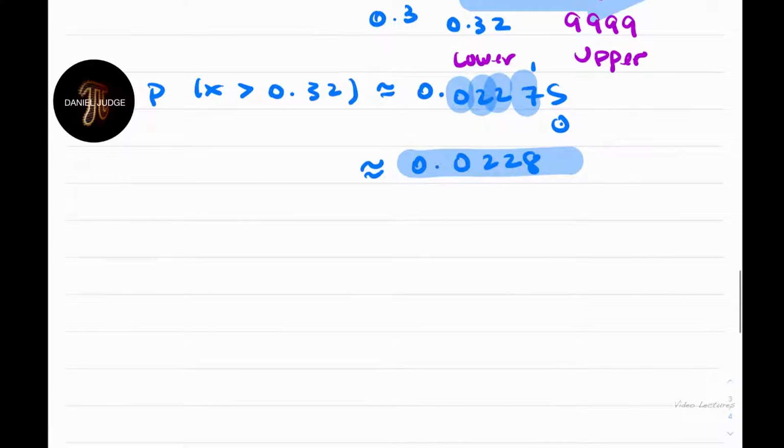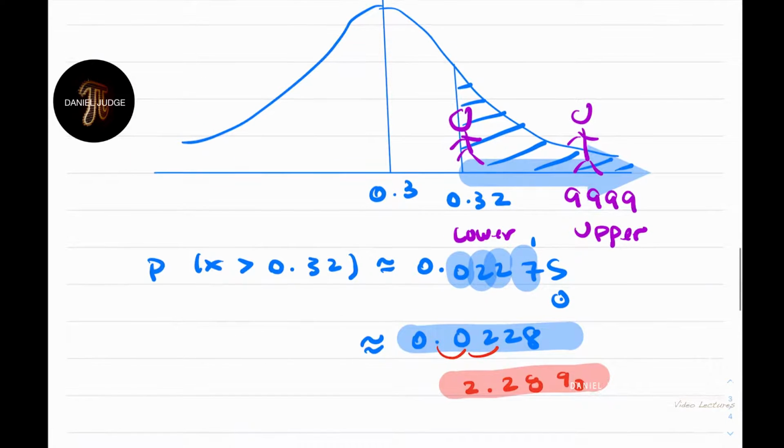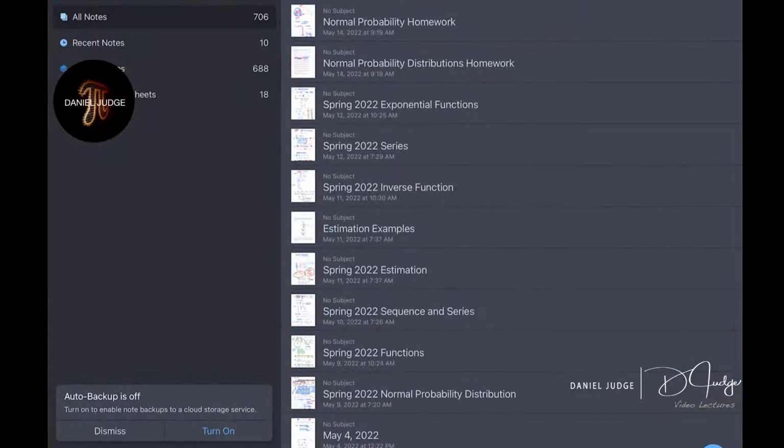But remember, they asked for a percent, so move the decimal 2 spaces to the right, and that's going to be 2.28%. Two spaces to the right, we move that decimal because they asked us for a percent. So let's double check.